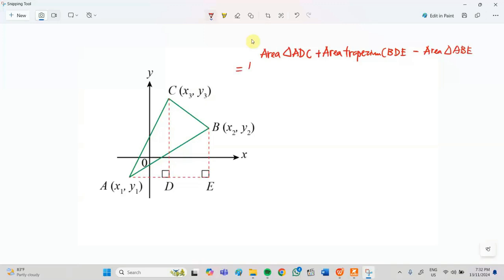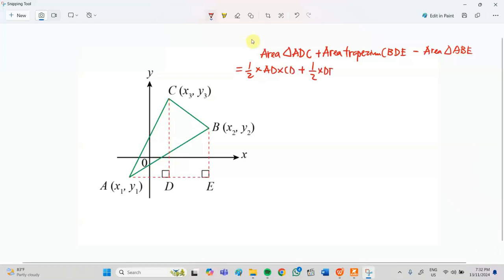The area of triangle ADC can be found by using 1 over 2 times the base length, which is AD, times the height, which is CD. Then the area of a trapezium can be found by using 1 over 2 times the height, DE, multiplying the sum of the two parallel sides, CD and BE.